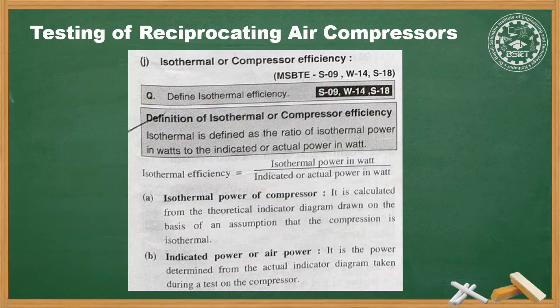Using these two values, isothermal power and indicated power, we can find the isothermal efficiency. Isothermal efficiency is the ratio of isothermal power in watts to indicated or actual power in watts.